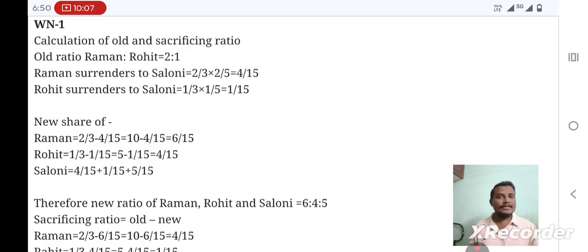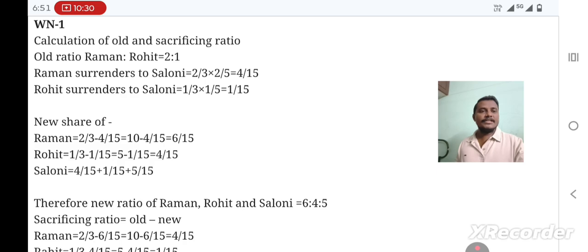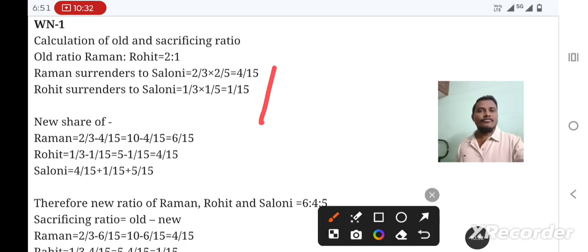They are telling that Raman surrendered 2/5 of his share and Rohit surrendered 1/5 of his share. So Raman is surrendering 2/3 of 2/5 and Rohit is surrendering 1/3 of 1/5. This is the sacrificing ratio for Raman and Rohit.